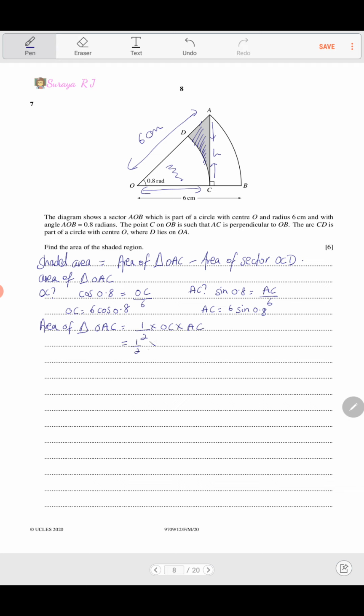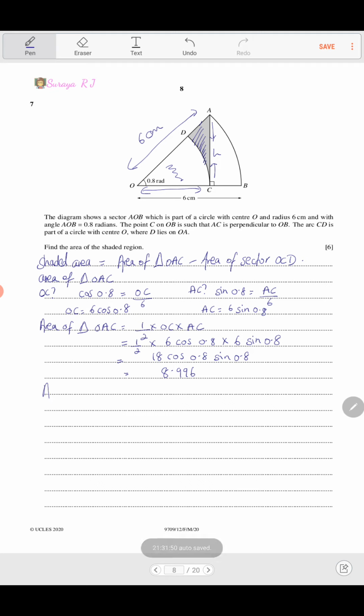So it's half times 6 cos 0.8 times 6 sine 0.8, which is 18 cos 0.8 sine 0.8, which is 8.996. This is for area of triangle OAC.